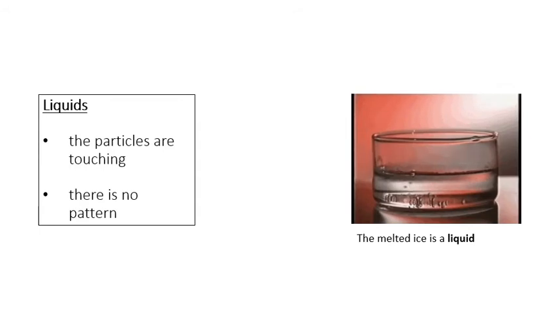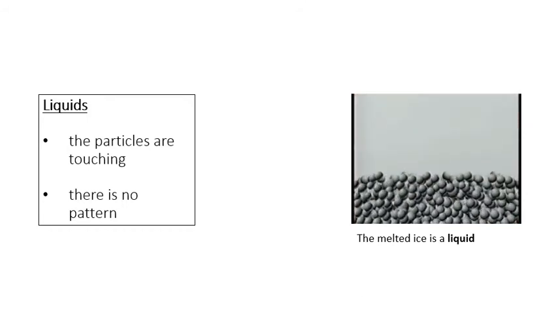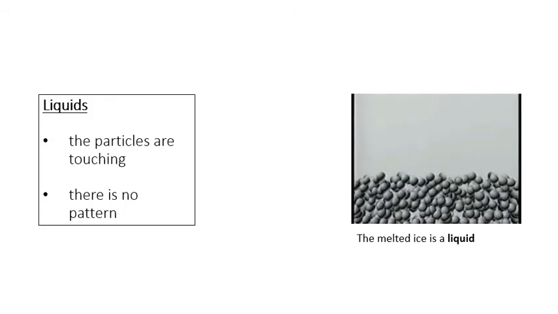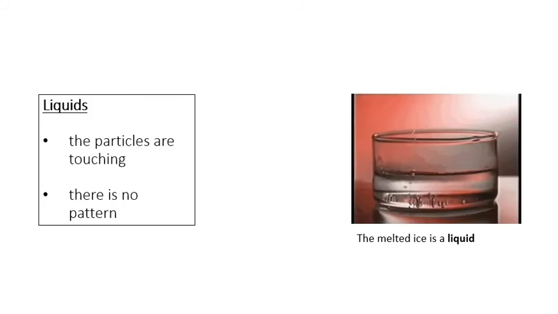Liquids. The particles are touching, but there is no pattern. So in the picture there, we see that these atoms are touching, but there's no pattern necessarily, and they are moving around, sliding around each other. This is characteristic of a liquid.